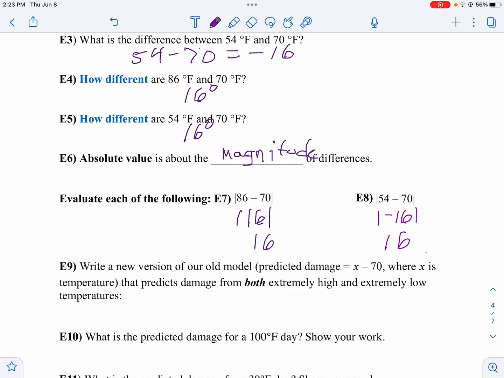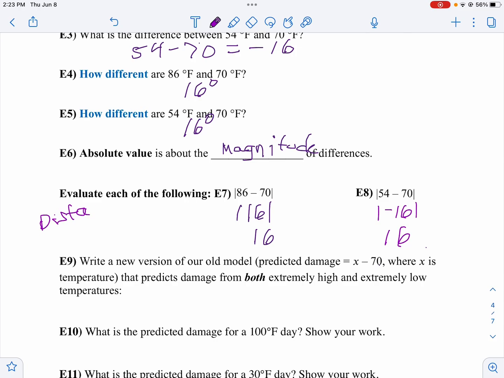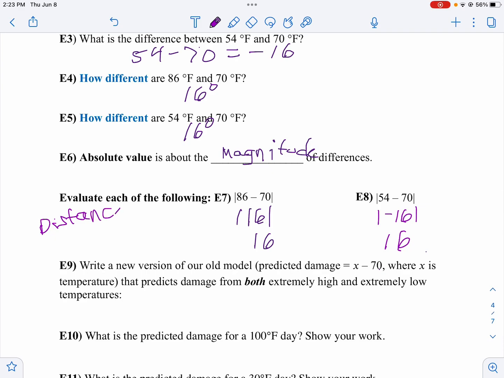Well, it's 16. They're both the same, aren't they? Absolute value does not mean opposite. It means the distance from 0. So how far is 16 away from 0? It's 16. So that's what I want you to remember when we're doing absolute value. It's the distance from 0.